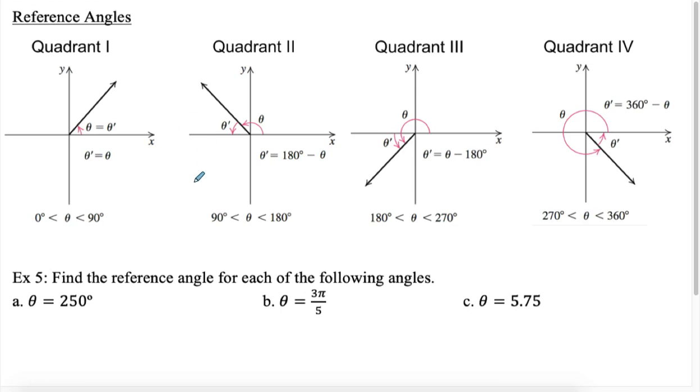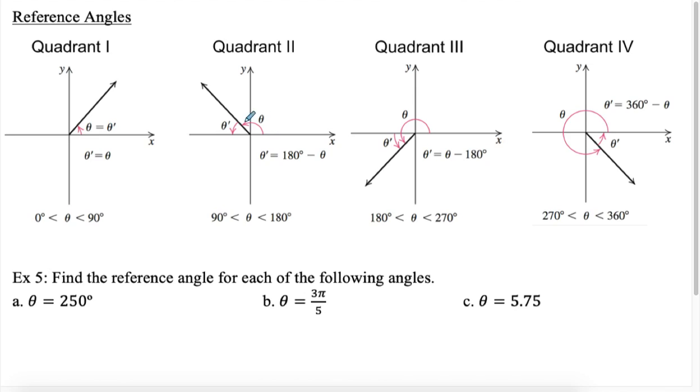So a reference angle is just the angle that is created closest to the x-axis, essentially. If our angle is in quadrant 1, theta will just be equal to the reference angle. The notation here: if we put a little tick mark, or a prime, we're saying that's the measure of the reference angle.